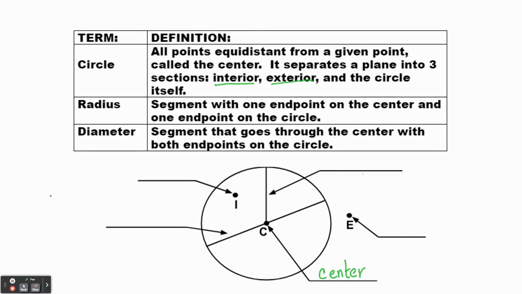We call those exterior points. And then we have points that are on the circle. If I'm looking for a point that's outside the circle, we call it exterior. That would be point E here. This is an exterior point. If I'm looking for a point that's inside the circle, that would be point I here. That's an interior point.